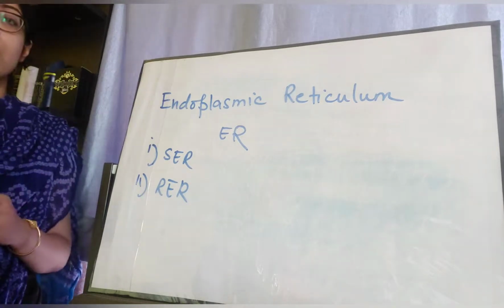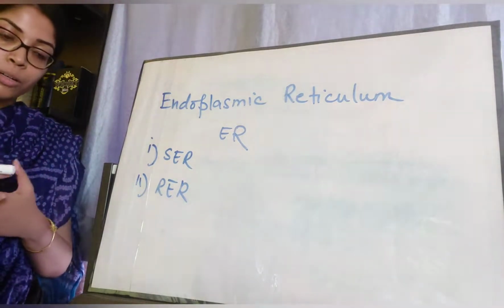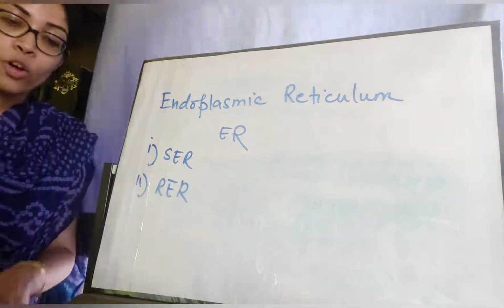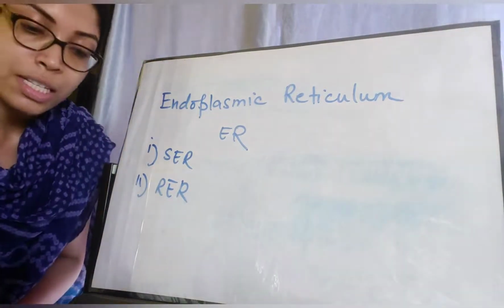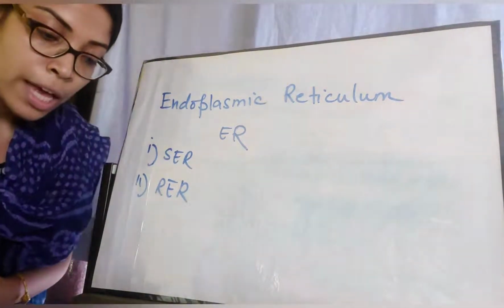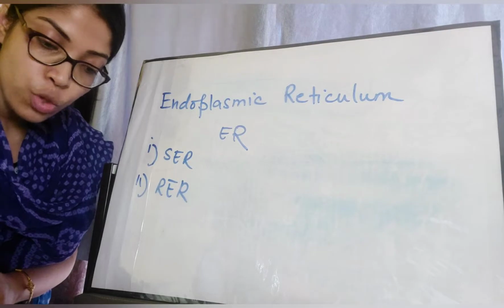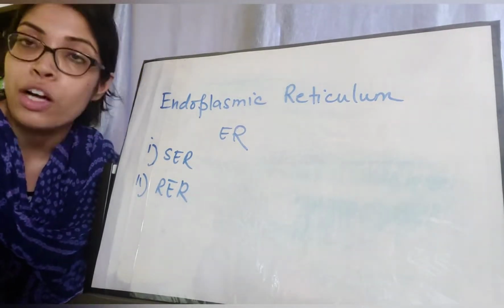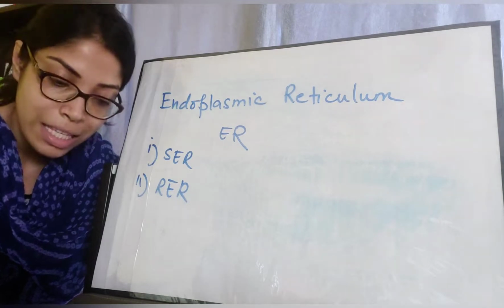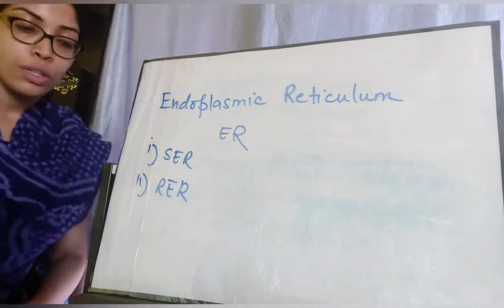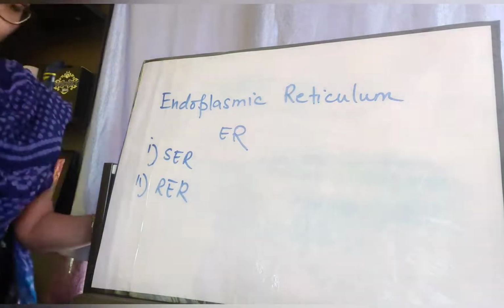It helps in circulating different substances within the cell, and also in exchange of certain substances between adjacent cells. The next point is synthetic and storage functions. It has functions of storage and synthesis, and the fourth function is synthesis of hormones. So these are the functions of the endoplasmic reticulum.